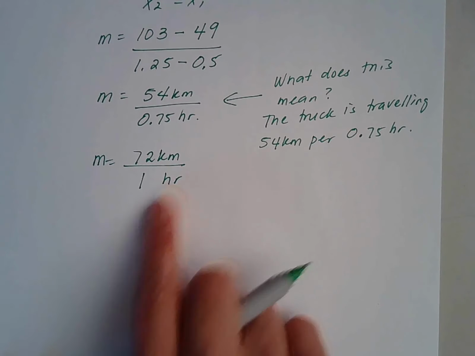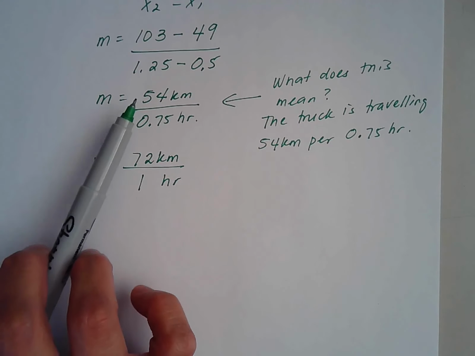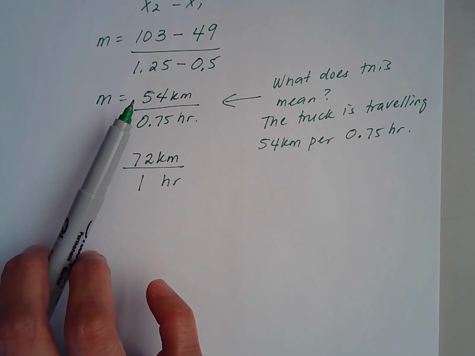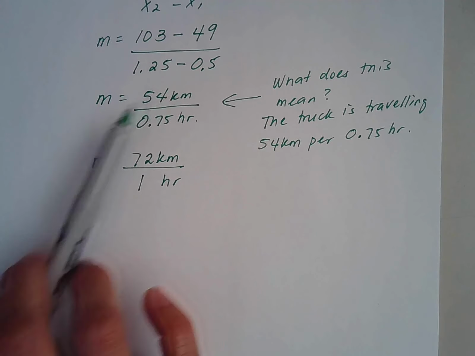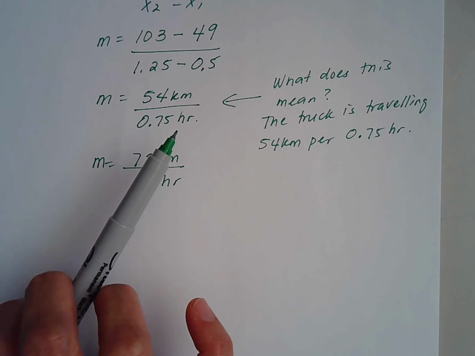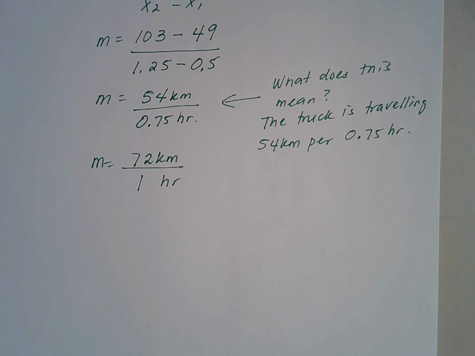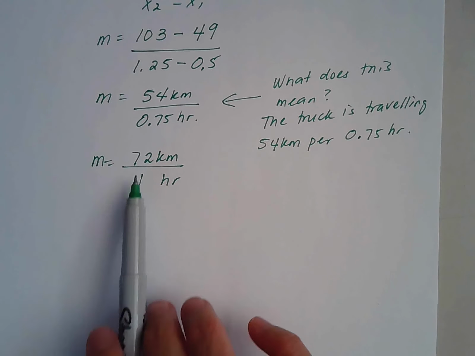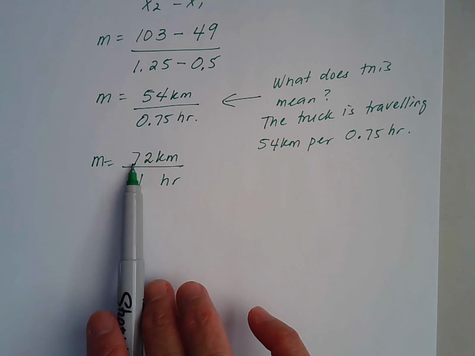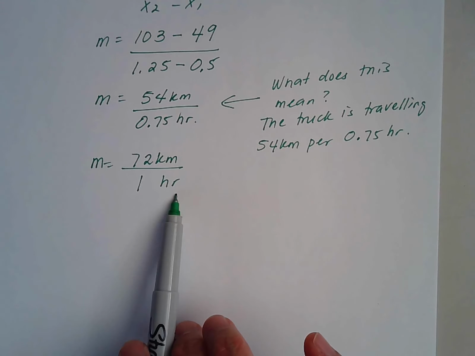Okay, so we can say that the car or truck is traveling 54 kilometers per 3/4 of an hour, 0.75 hours. Or we can say in a different way, but same thing, that something is traveling 72 kilometers per hour.